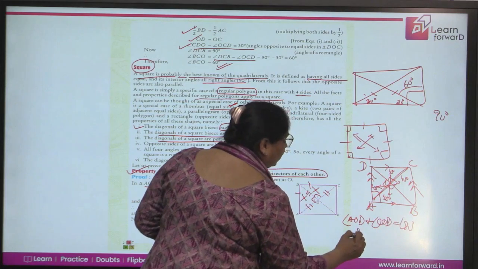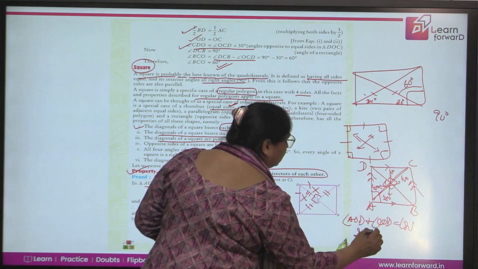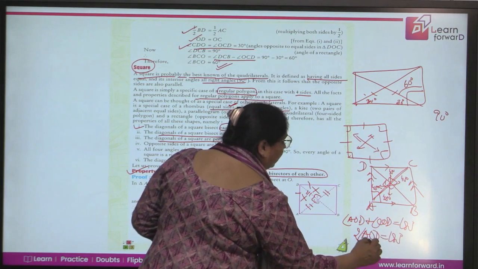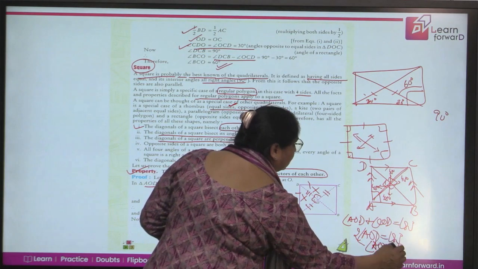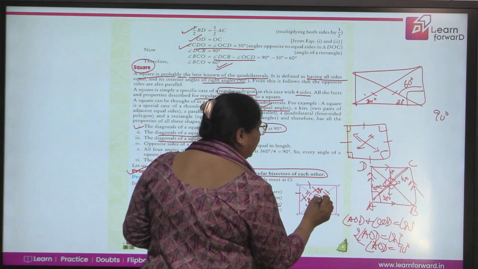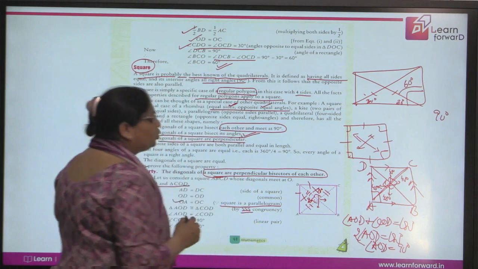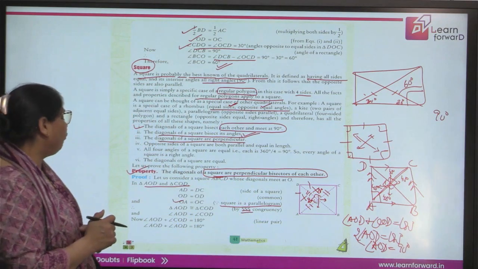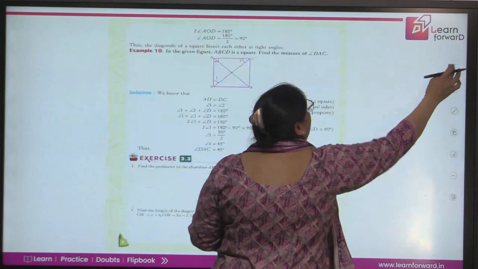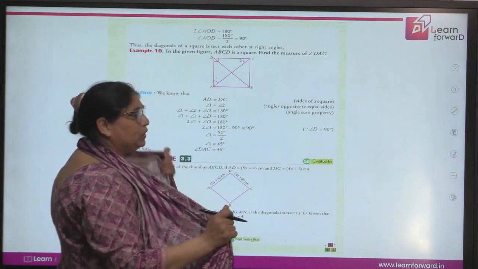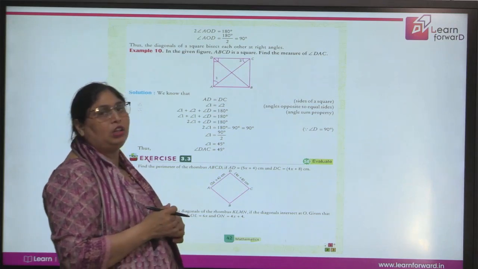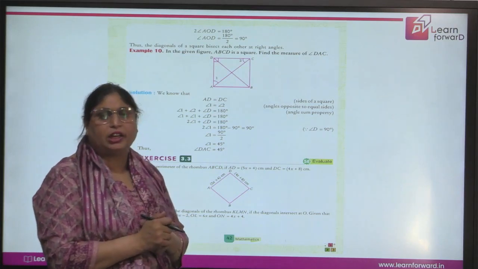If these two angles are equal to each other, each angle will be 90 degrees, and thus this angle is 90, this is 90, this is 90, this is 90. So all the angles are 90 degrees. Hence we have proved that the diagonals of a square bisect each other at 90 degrees.